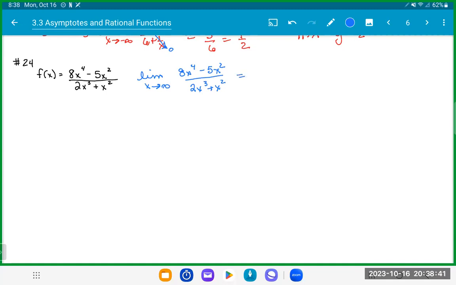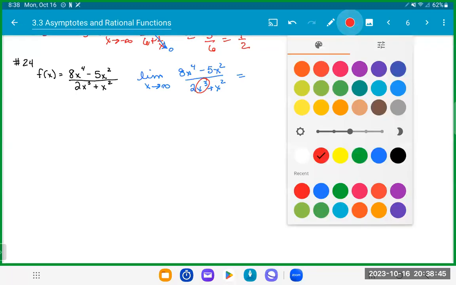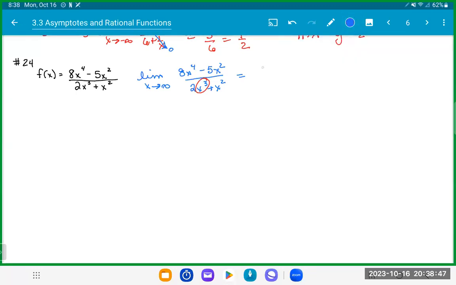So again, the largest exponent in my denominator is this x cubed. So we take the limit as x approaches infinity of 8x to the 4 over x cubed minus 5x squared over x cubed, over 2x cubed over x cubed plus x squared over x cubed.